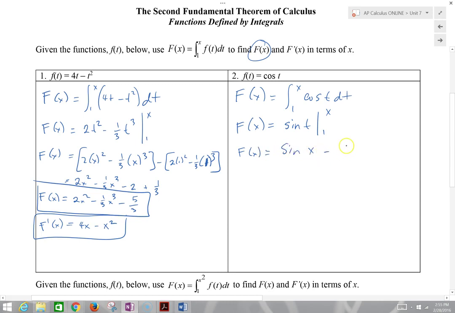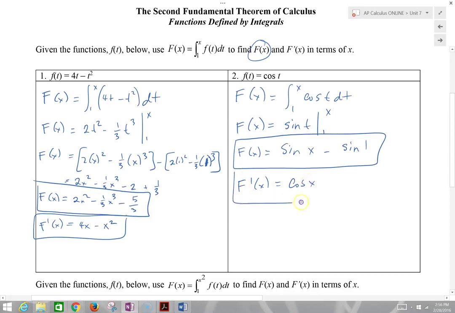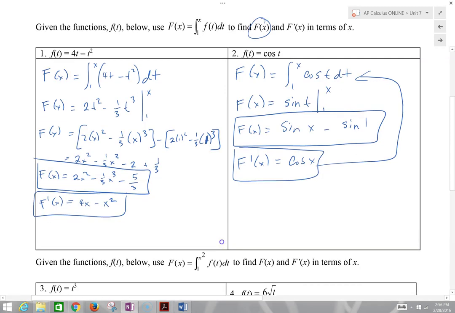Sine x minus sine of 1. Sine of 1 has a value, it's, I don't know, somewhere between 0.7 and 1. And then we find the derivative, F prime of x, and that's equal to the derivative of sine, which is cosine x. And again, you're going, okay, that makes sense.